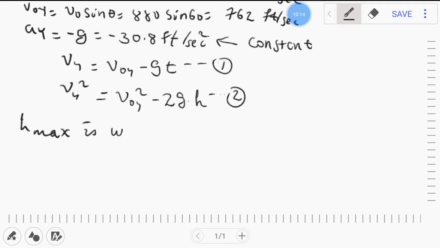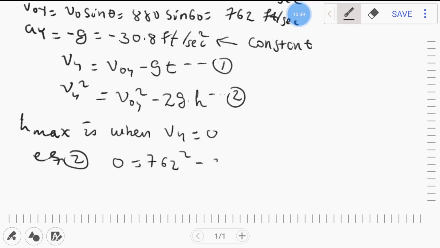To calculate h max, the maximum height is attained where the rocket finishes its velocity in the upward direction, it becomes 0, and then it returns back. To calculate that, let's apply the second equation, because it relates the height with the velocities and gravity.